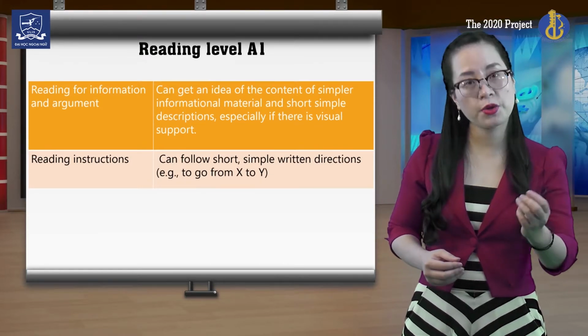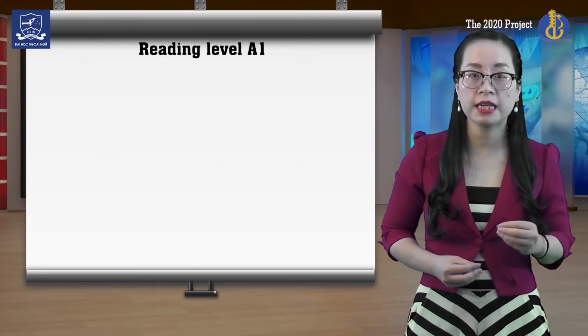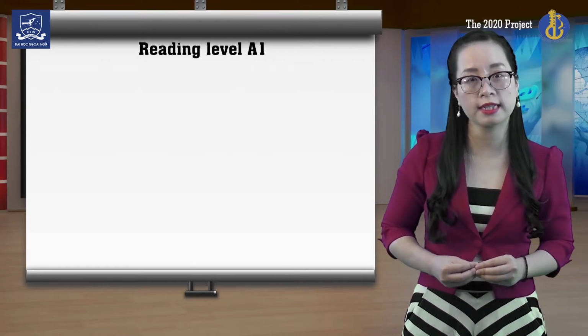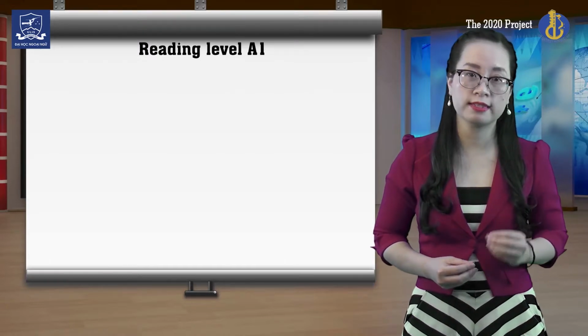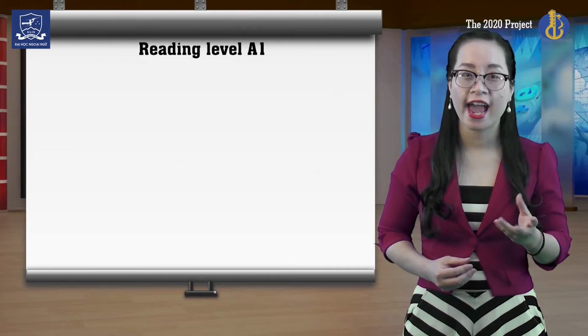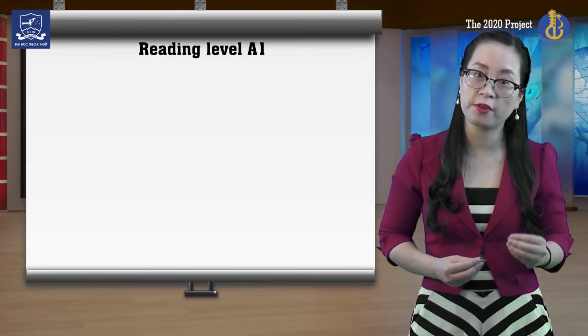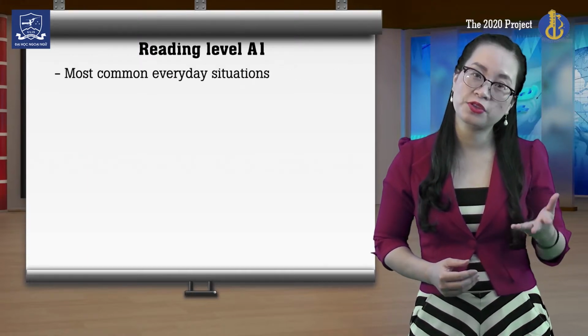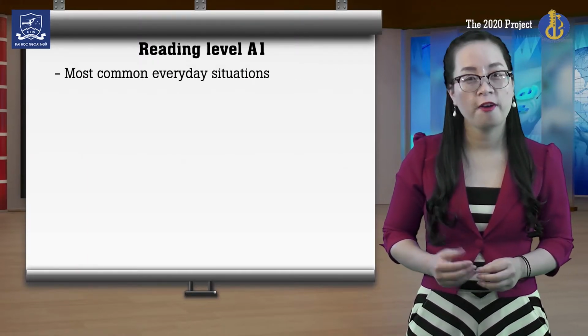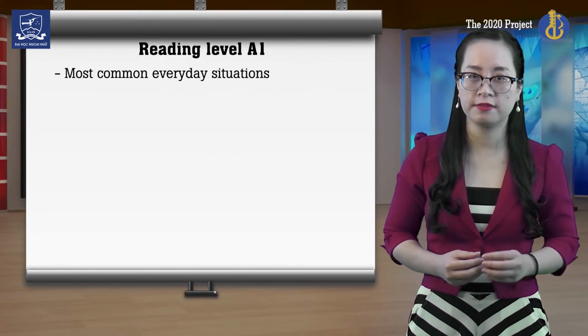Okay, let's come back to the question at the beginning of the video about the topics, tasks, and sources that students at A1 level can read and understand. As you see, A1 readers are able to understand topics of survival needs, such as personal details, school, family, shopping, hobbies, or leisure activities.